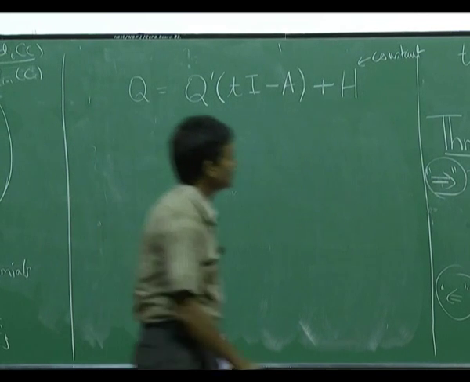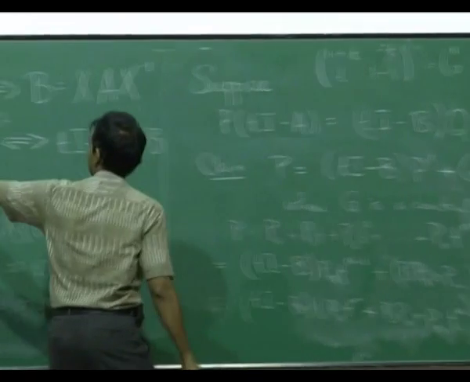Now let's rewrite this identity using this and that.